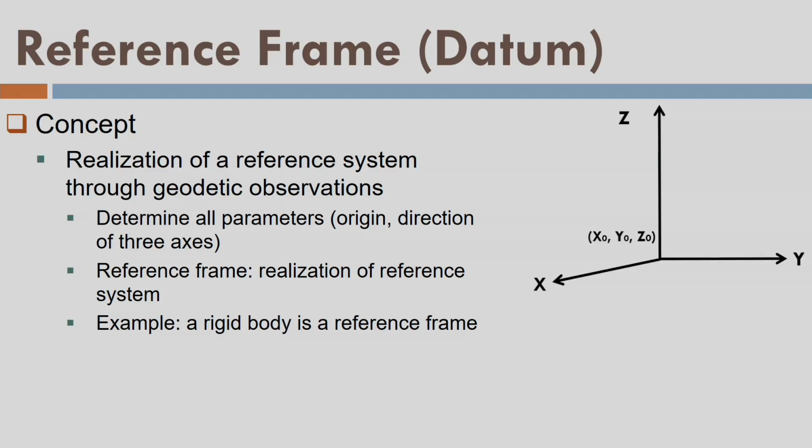You are trying to find where the origin of the reference system is and how the three orthogonal axes are oriented. The moment you determine this, the definition we got in mathematical terms will be called the reference frame.